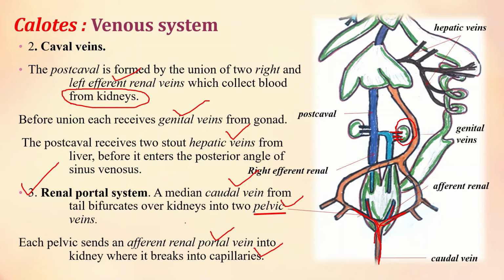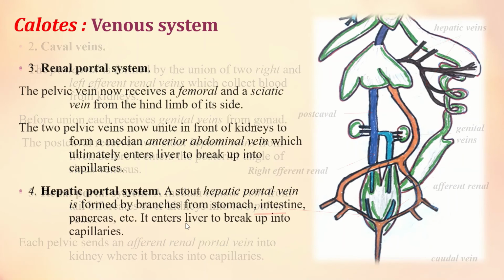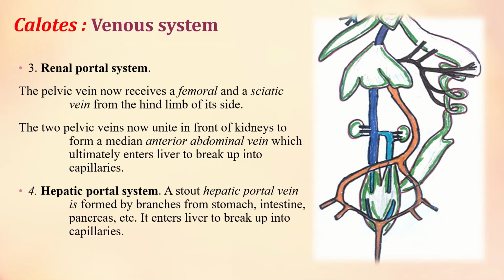Then again, the pelvic veins have two other branches. One is called femoral and the other sciatic. These femoral and sciatic branches collect blood from the hind limbs of its sides. So the femoral and sciatic veins collect blood from the hind limbs.